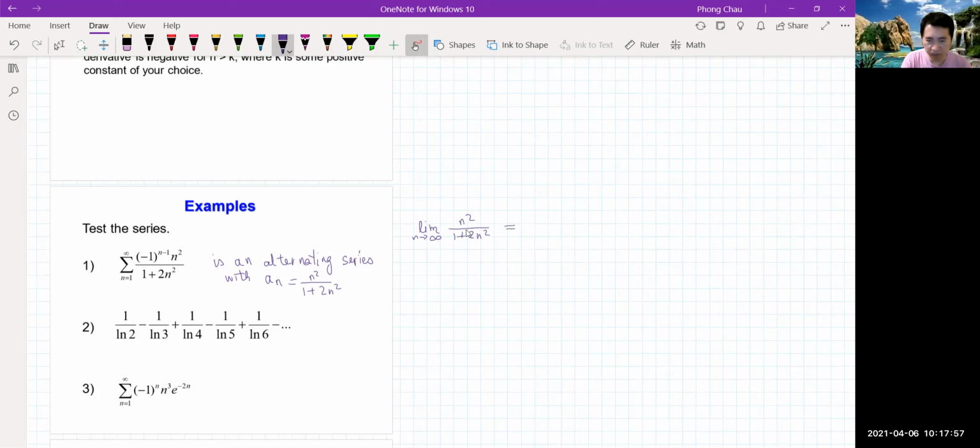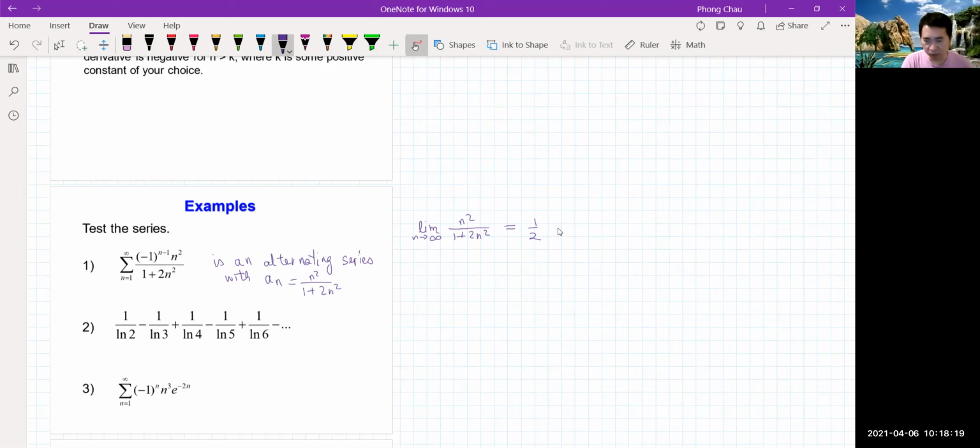Well, this is a rational function, second degree over second degree, so it's equal to 1/2. So you see that the term does not approach 0 as required by the alternating series test.